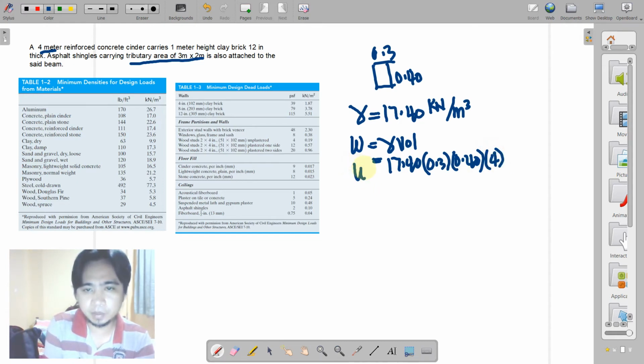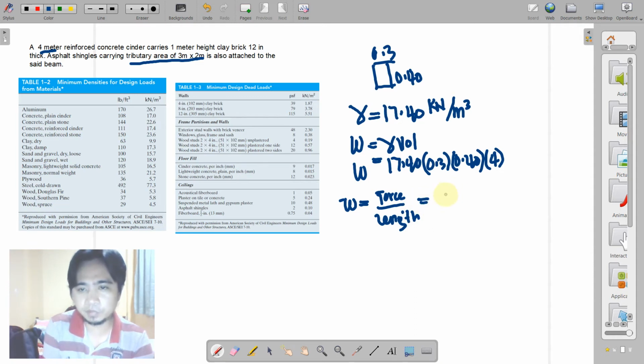This is the W. Then we will get the distributed load from that self-weight, the small w. We all know that the distributed load is simply the force over the length where you want to distribute the weight. The force we'll just adapt here in the numerator.